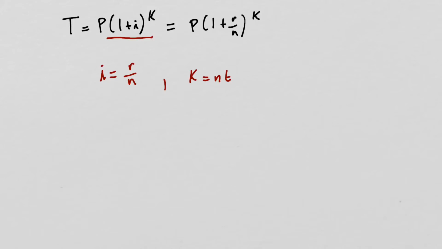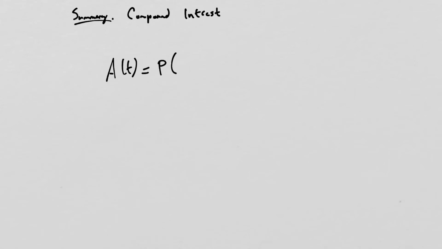So let's go ahead to the next page and just summarize what we've just determined. Compound interest is modeled by the following equation. A of t is equal to P times 1 plus R divided by N raised to the N times t, where A of t is the amount of money obtained after t years.